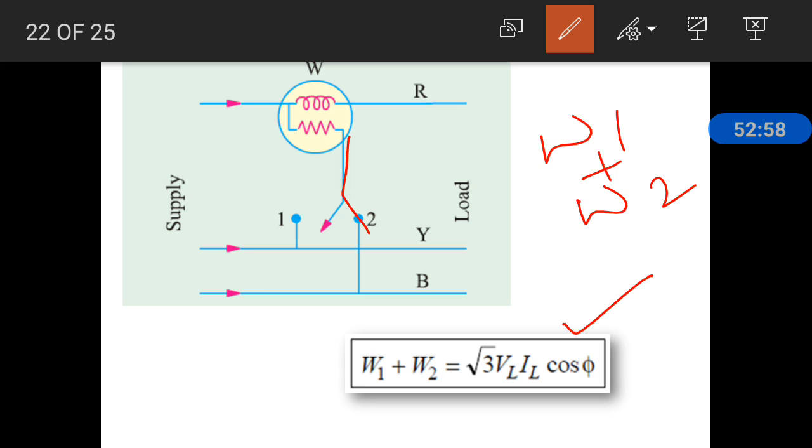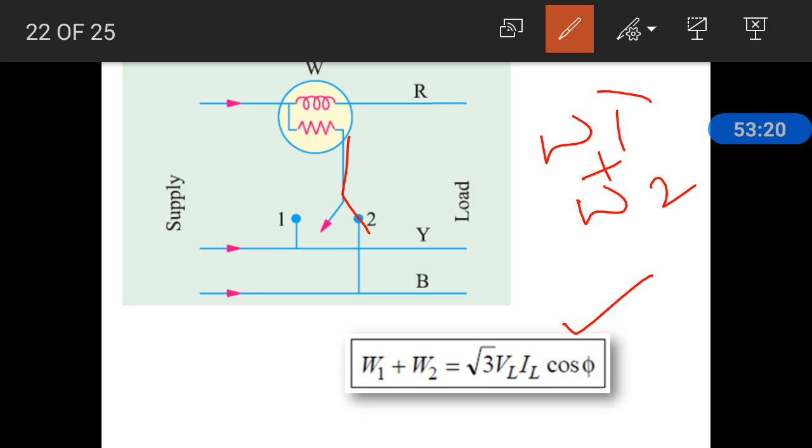So just interchanging the potential coil connections from position 1 to position 2, that means from one phase to another phase, we get the W1 reading and the W2 reading. Total power is W1 plus W2.